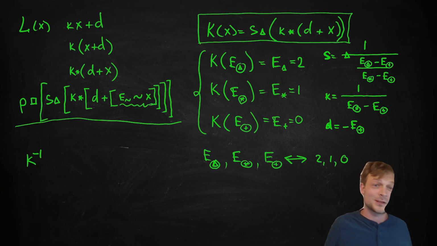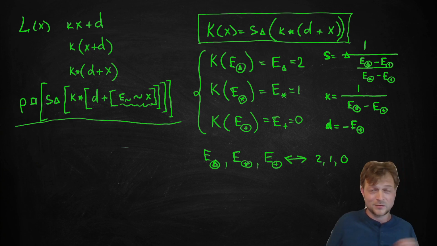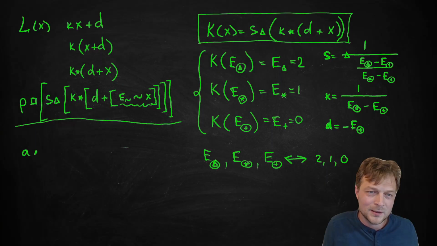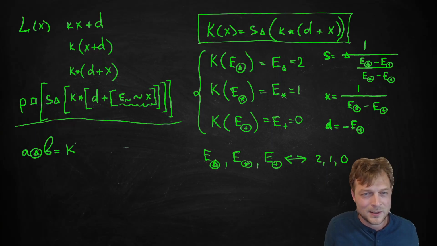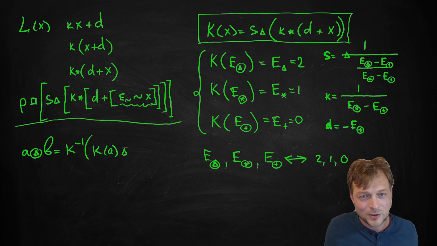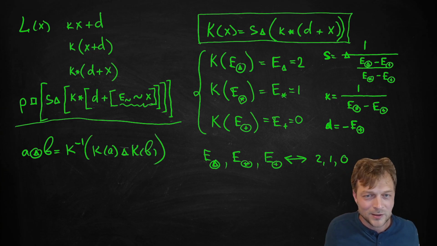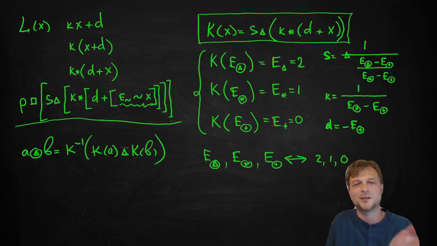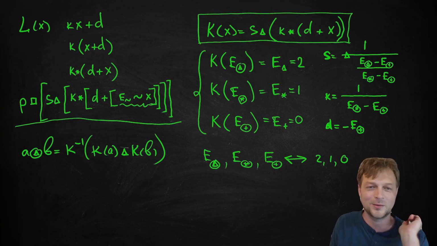So we can do the same trick as we did with linear transformation on the previous slide, and we can define A triangular B as K inverse of K of A triangle K of B. This triangle is a canonical triangle. It has an identity element, and we know how to compute it.